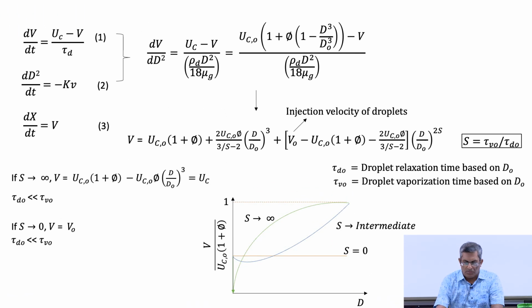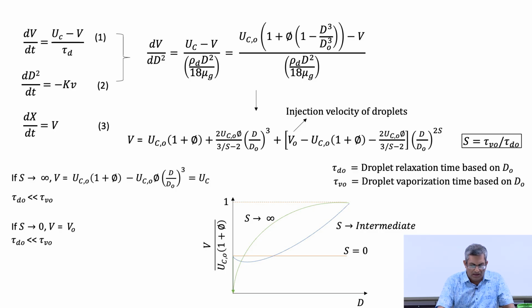So if you plug in S equal to 0 here, you just get V equal to V_0, which means that the initial velocity is just maintained. But in reality, you have both of these parameters present, which will influence the droplet velocity.